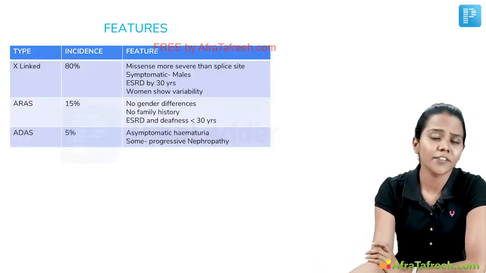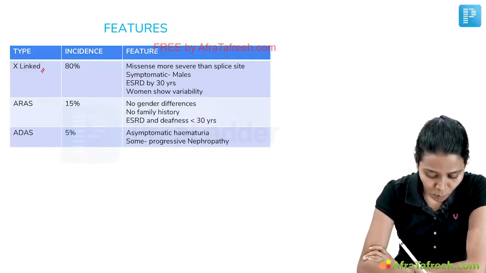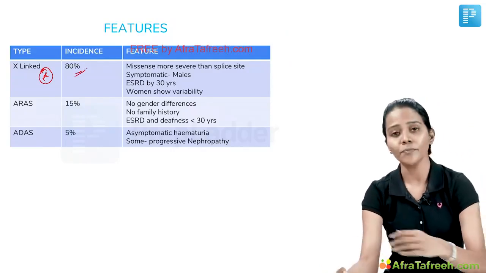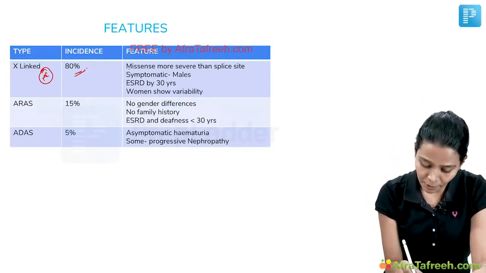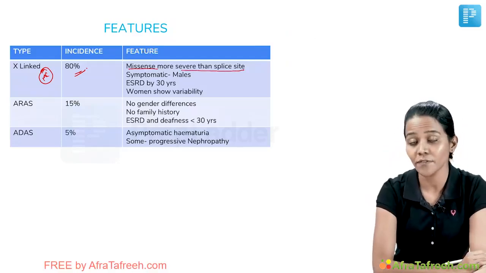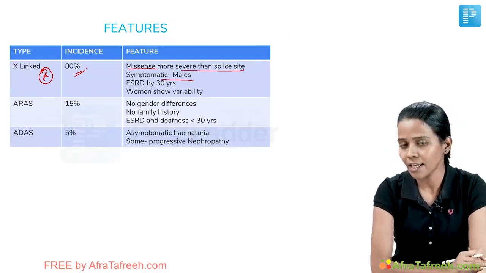Now, what are the different manifestations of these different types of disease? X-linked is the most common type with around 80% incidence, okay? Generally, missense mutations are more severe than splice site mutations, okay, severe manifestation. Males are symptomatic like any other X-linked disease.